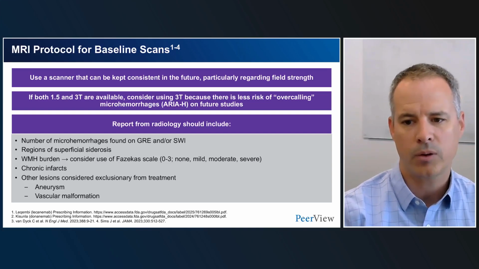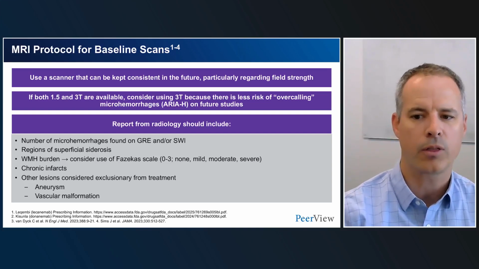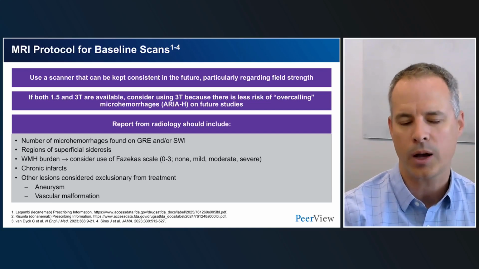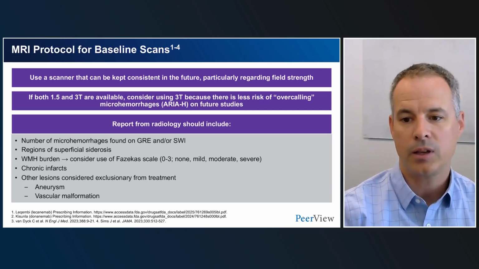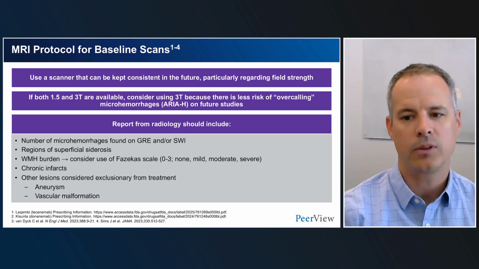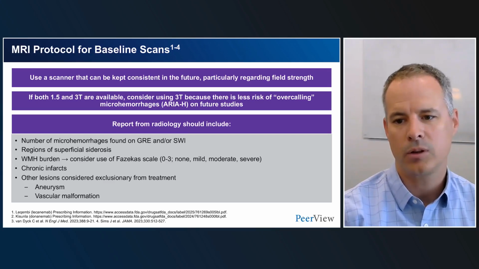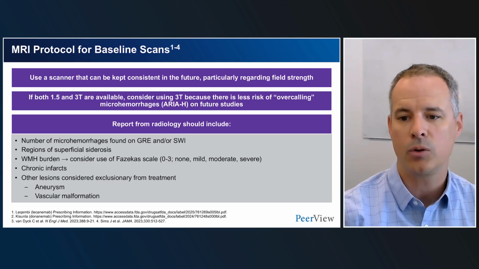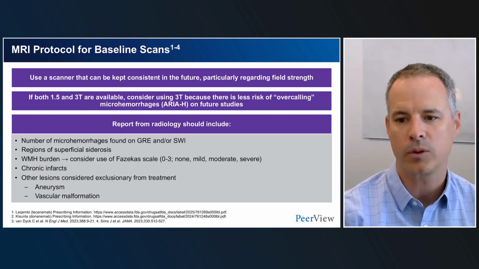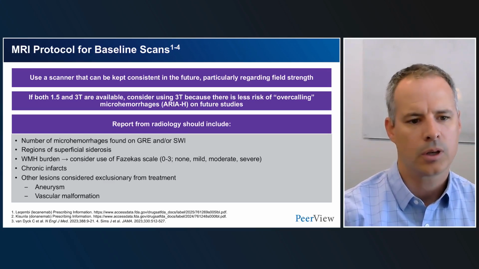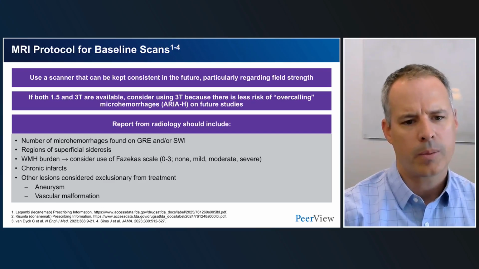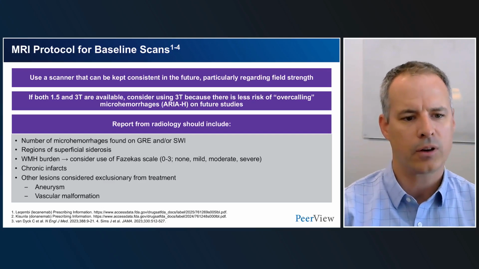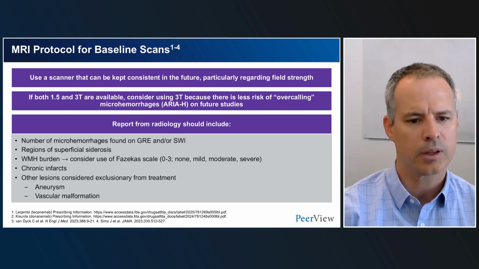This is really critical because later in the course, on the third or the fourth MRI, if you start to see new findings and you didn't see them on the first image, you need to be certain that they're actually new and that they weren't just missed because the first image was a low quality image. So it's important. I think we consistently use 3T at our center if we have that availability.